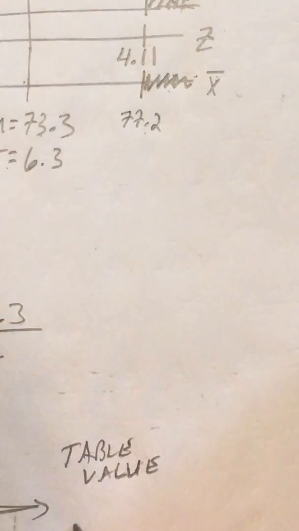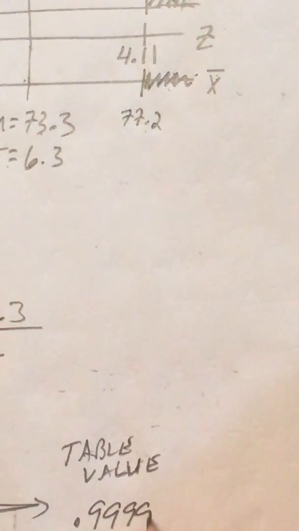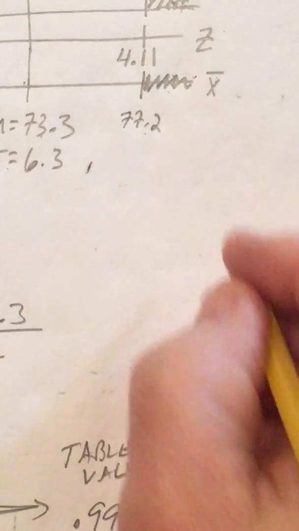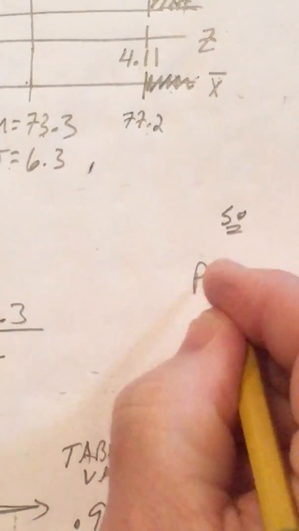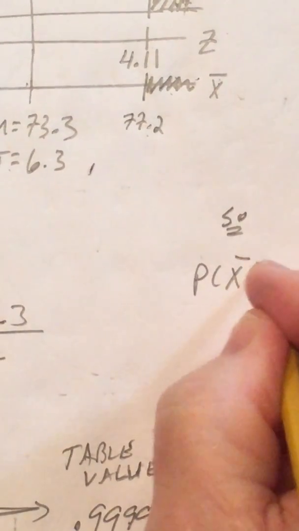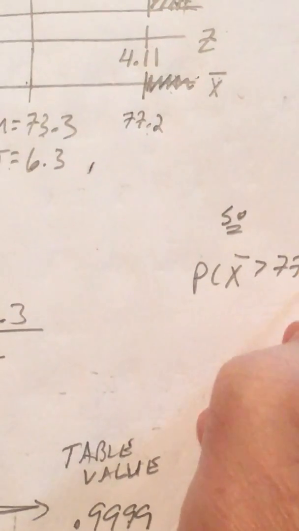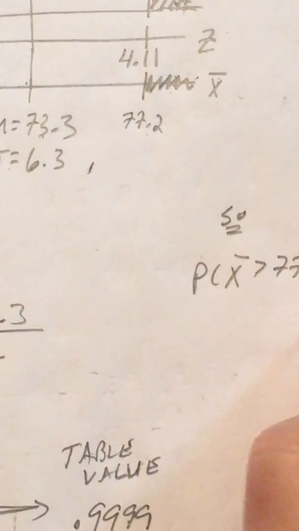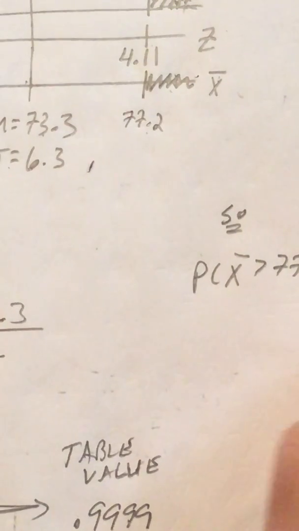And so our table value, 0.9999, that value goes on the arrow, which is the region we do not want. We want everything else. So the probability that the mean is greater than 77.2 is given by 1, subtract off the piece we don't want, and that's 0.0001.